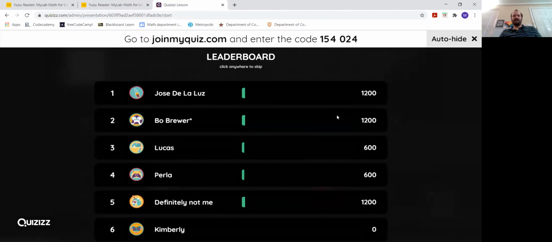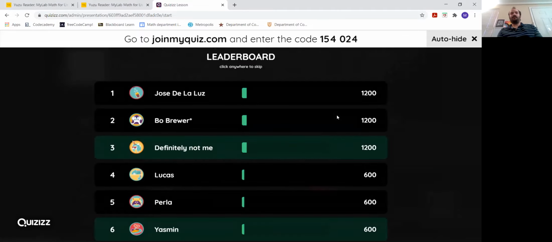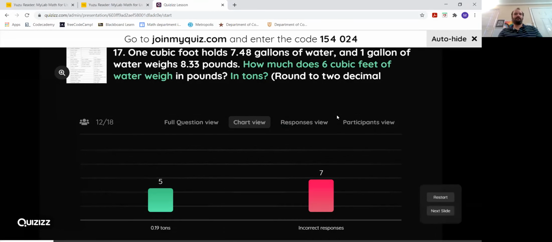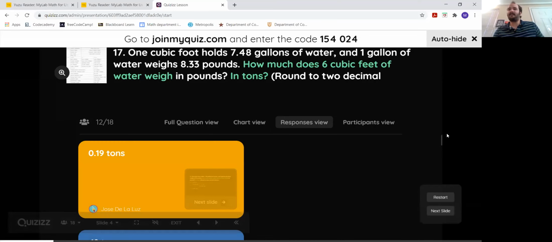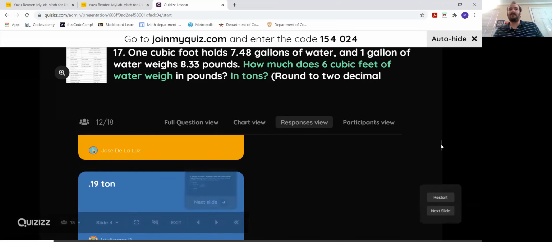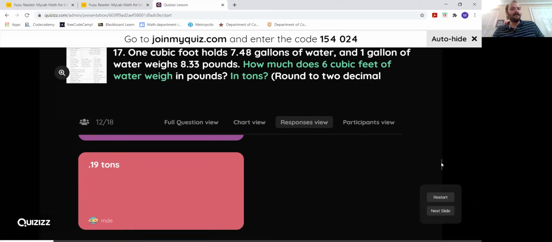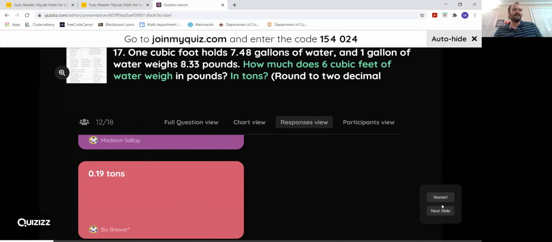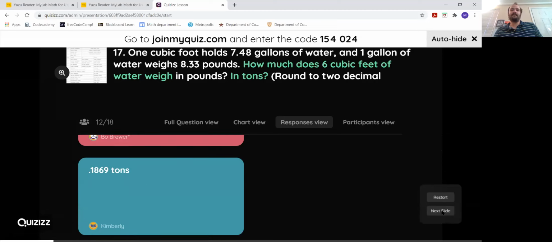What are you telling me? 0.19. I might have not counted it if you put 0.19 without the 0 in front.